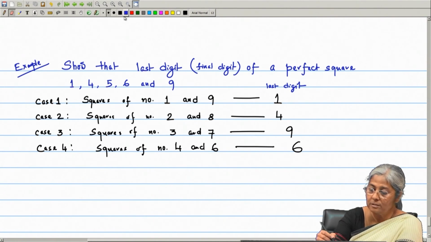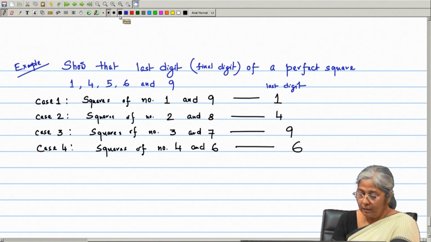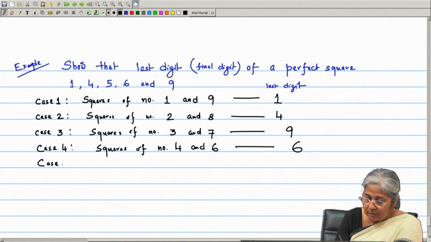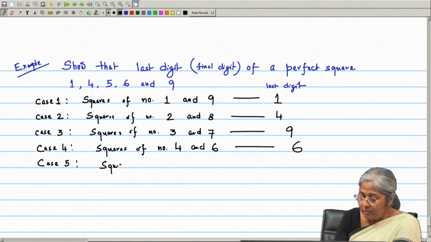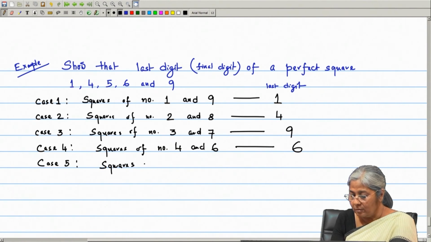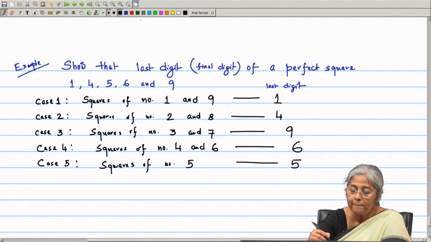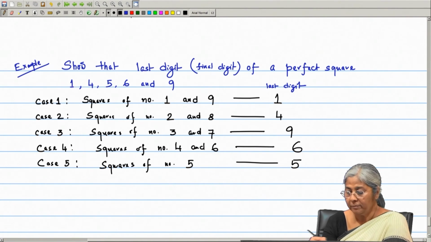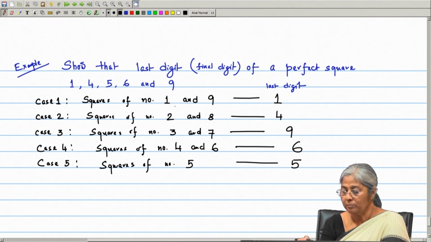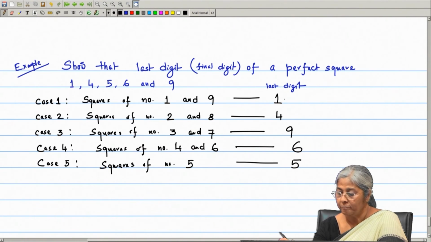So, 4 squared is 16, and the last digit is 6, and 6 squared is 36, so the last digit is 6. Then case 5, the square of number 5 is only 5. So, what we see is that whatever the number, the last digit is from 1 to 5, and these are 1 for 1 and 9, 4 for 2 and 8, 9 for 3 and 7, 6 for 4 and 6, and 5.